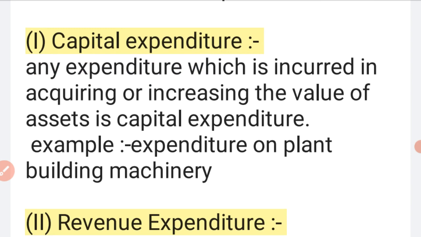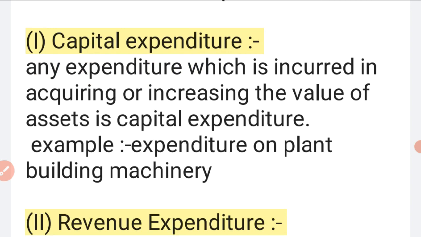Any expenditure which is incurred in acquiring or increasing the value of assets is the capital expenditure. ठीक है, यानी कि जो भी आप कैपिटल एक्सपेंडिचर उसको बोलेंगे, anything you are going to purchase for the purpose of increasing the value of assets.